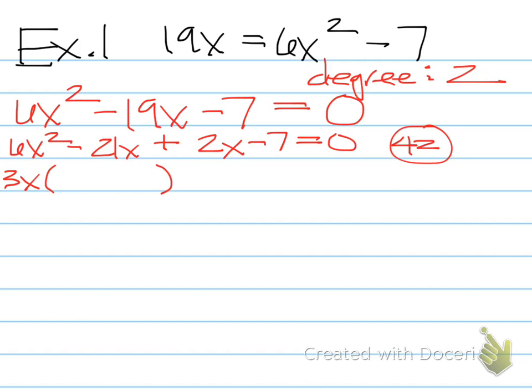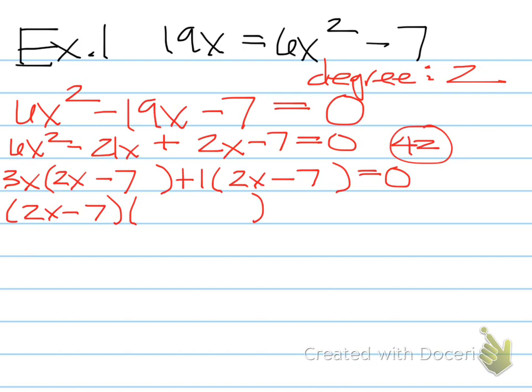In the first two terms you can factor out a 3x, leaving you with 2x minus 7. And then in the second two terms you want to factor out a positive 1, and you'll end up with 2x minus 7. Now both terms have a 2x minus 7 common to them, so you can factor out the 2x minus 7, and that will leave you with 3x plus 1.